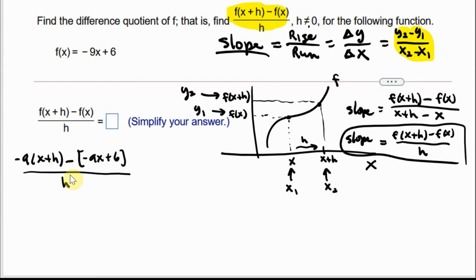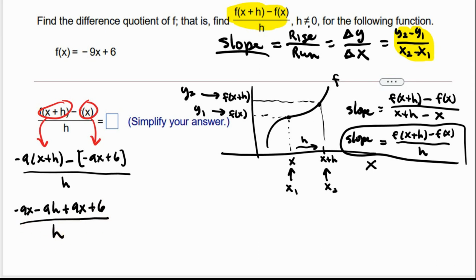And just simplify. Again, this part is all of that, right? And this part is that.